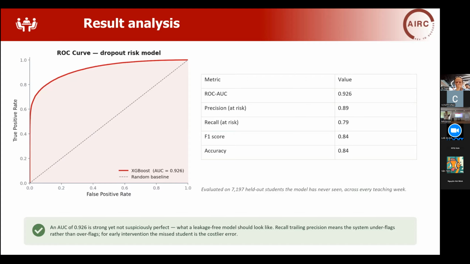A precision of 0.89 means that when it flags a student, it's right about 89% of the time. Recall is 0.79, meaning it catches 79% of the students who do fail. We can note that recall trails precision. The system underflags rather than overflags. For early intervention, the missed student is the costlier error, so it is a trade-off worth noting.